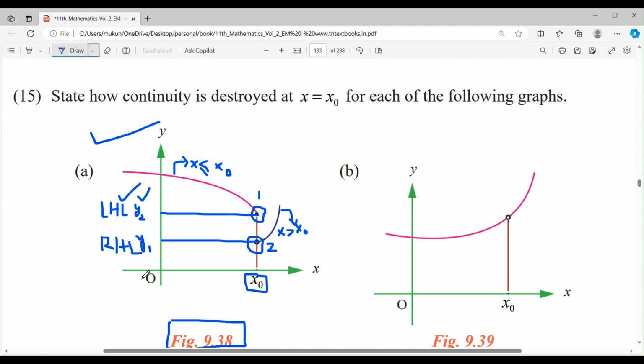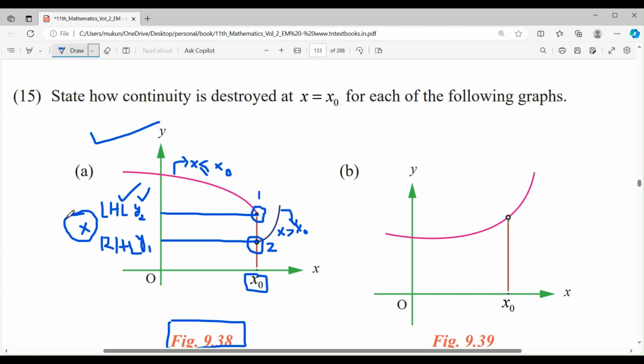So it's very clear from this graph that LHL not equal to RHL, right? And what does that mean? It means the limit does not exist, and therefore the continuity gets destroyed at x naught because my LHL is not equal to RHL.